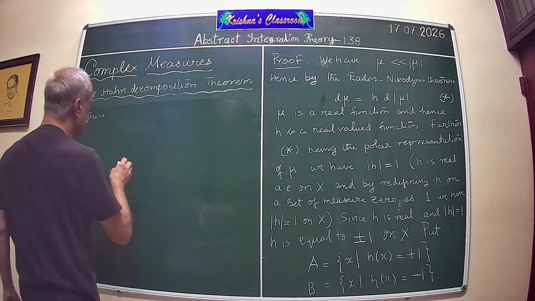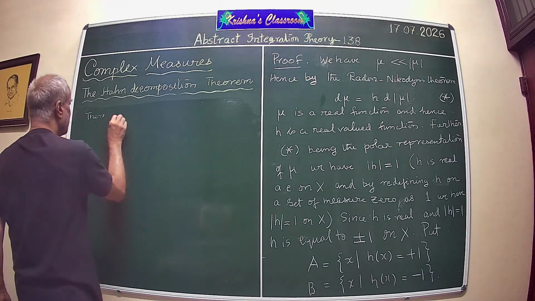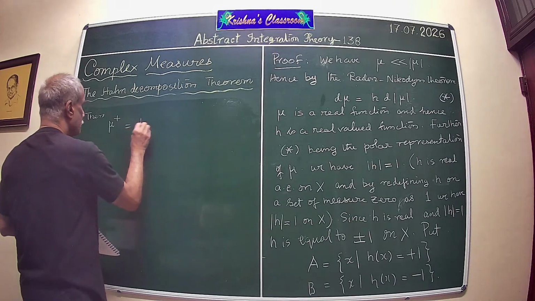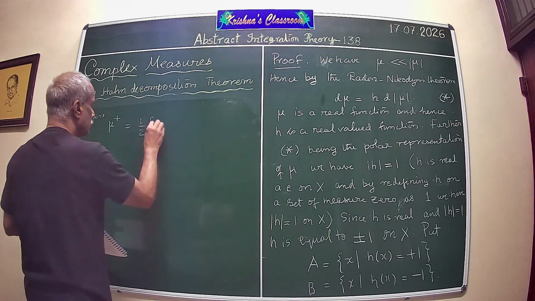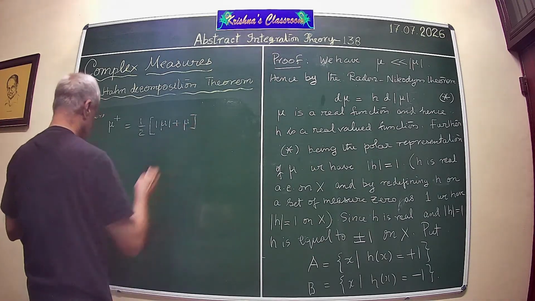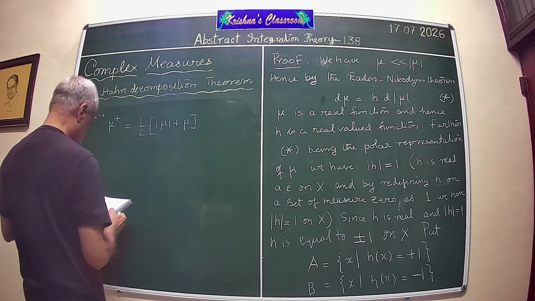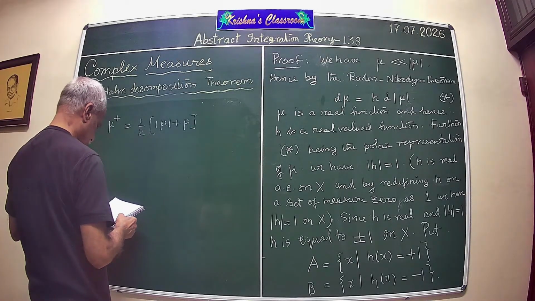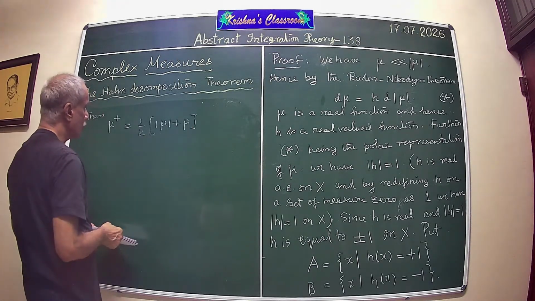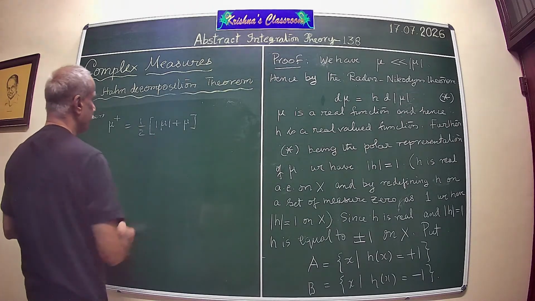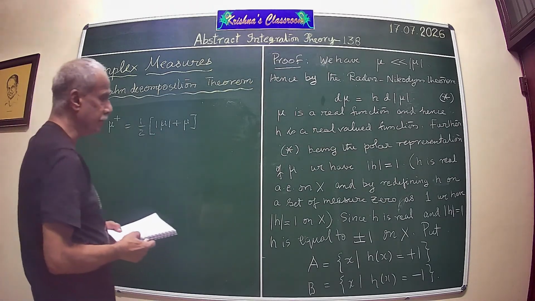Now mu plus is equal to half of (|mu| plus mu). Now you try to give a representation for this. So what is that going to be?